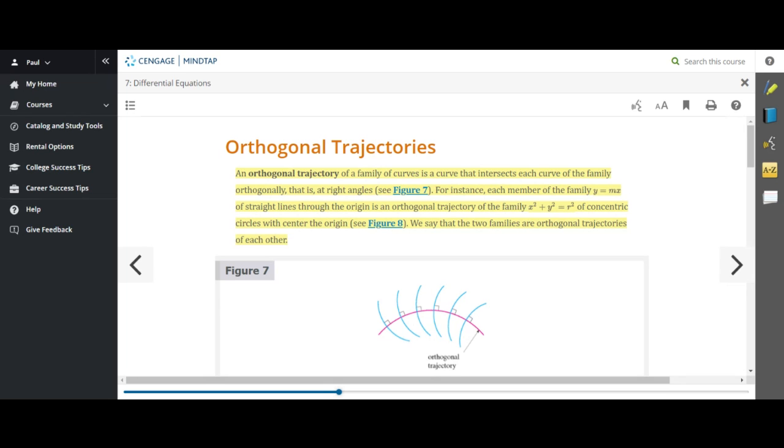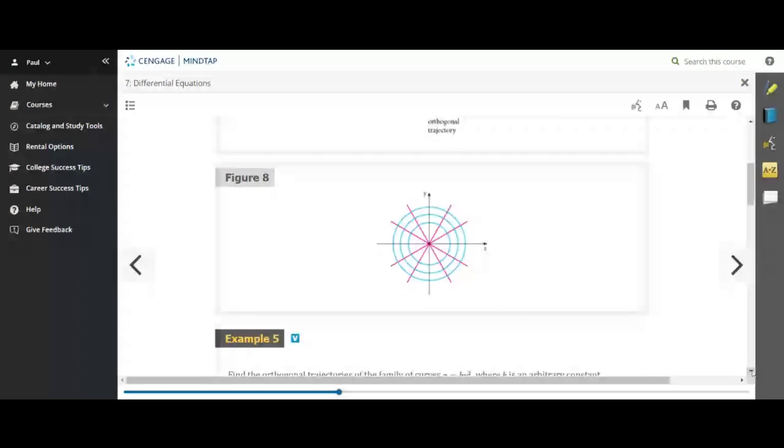Okay, and let's see here. We go down a little bit here. Here's an example also of orthogonal families of curves. The line segments intersect the circles at right angles. At every intersection, you have a right angle.